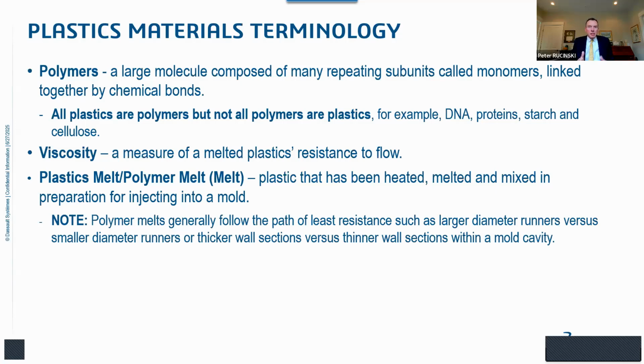So polymer melts, it's kind of like if they had a choice, they're always going to flow first through thicker or larger diameter runners. They're always going to flow first through thicker wall sections within your mold cavities.